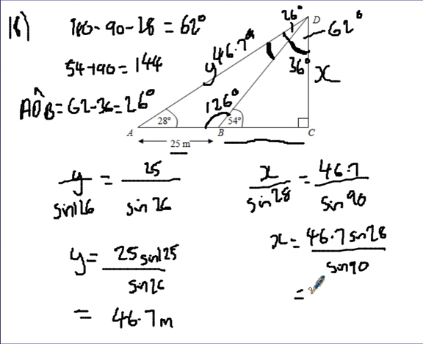So 46.7 sine 28 and divide it by sine of 90 gives you 21.9. That's meters there.